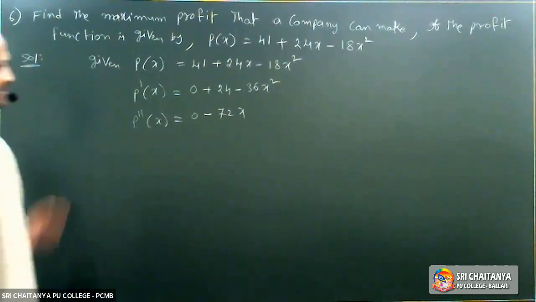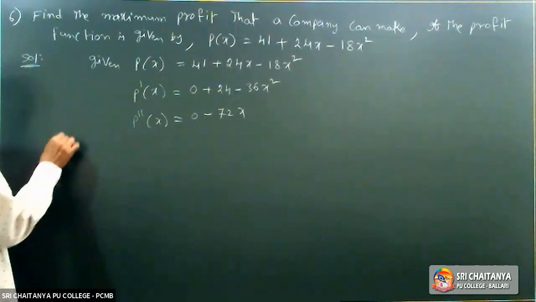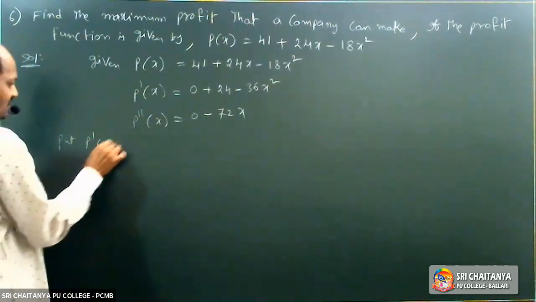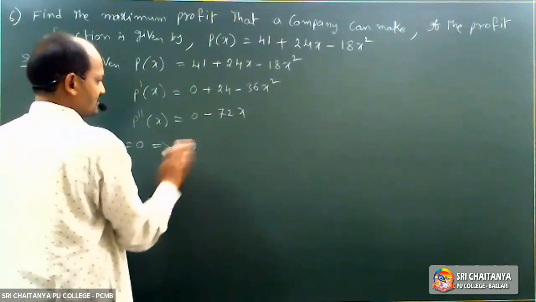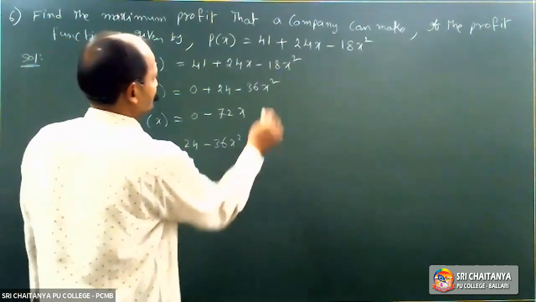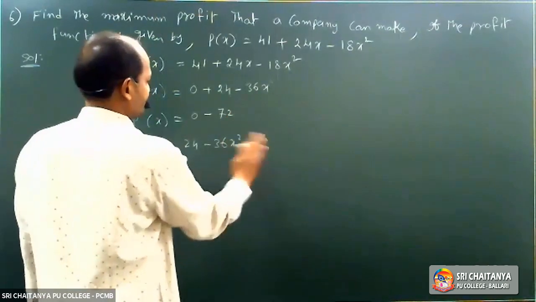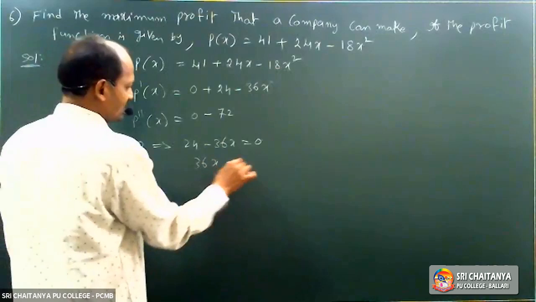For maximum or minimum, first derivative is equal to 0. Put P dash of x equal to 0. Then 24 minus 36x is equal to 0. 36x is equal to 24.